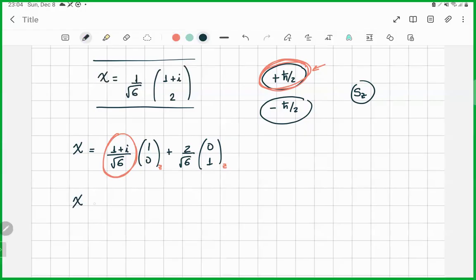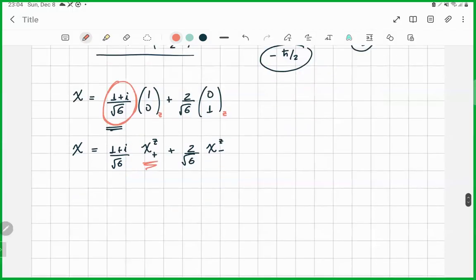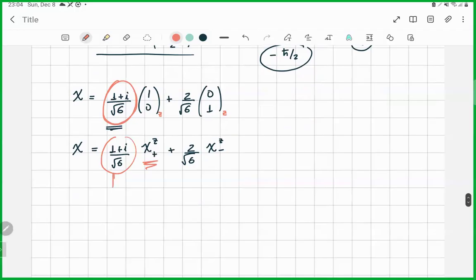This state is written as this number, (1 plus i) over square root of 6, times that vector chi plus Z, and 2 over square root of 6 times that vector chi minus. So what is the probability that if I measure, I get this result? What is the probability that I get this positive h bar over 2? Well, it is the absolute value squared of this number.